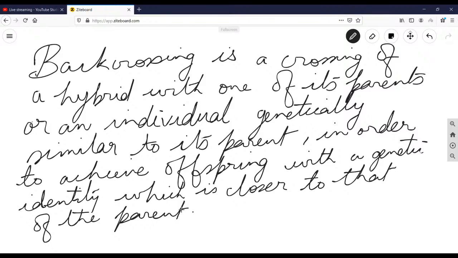Okay, it's very easy stuff, not difficult, any kind of back cross.